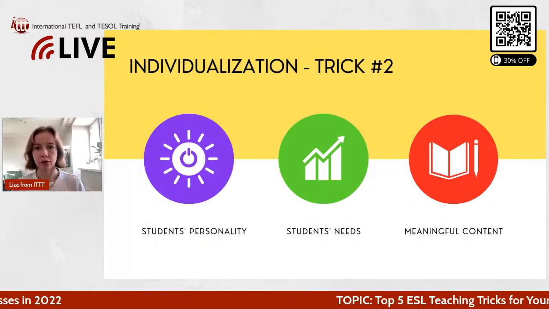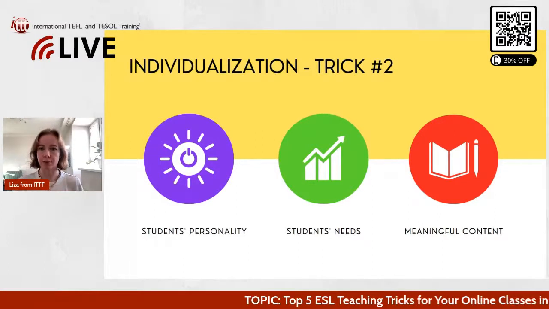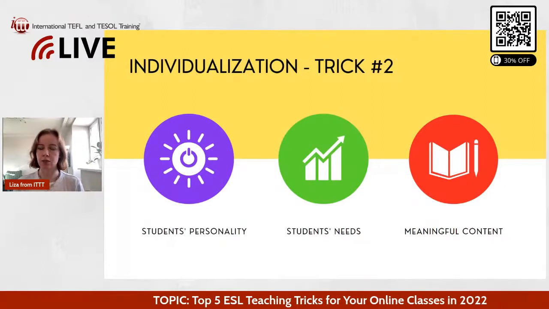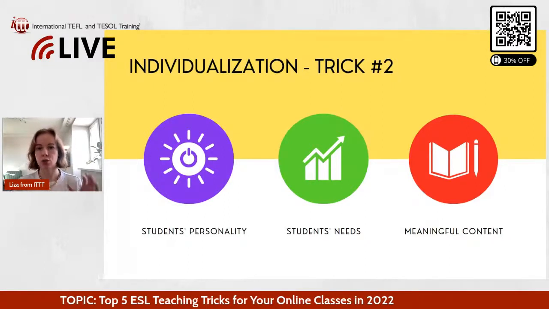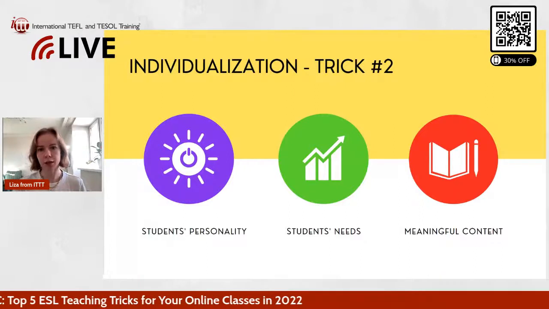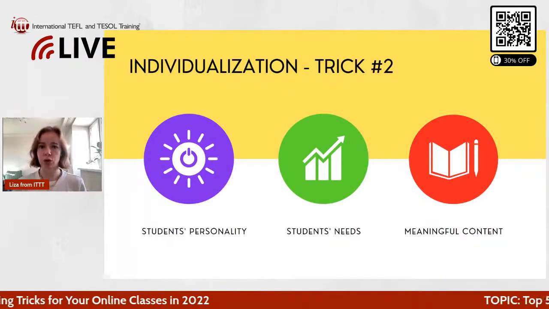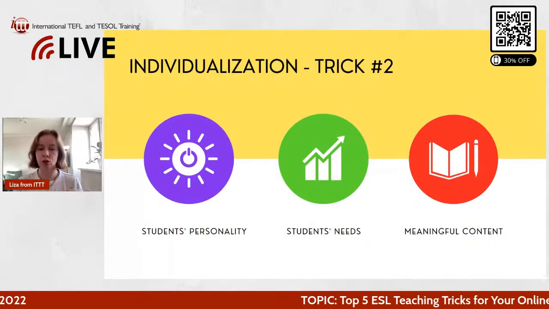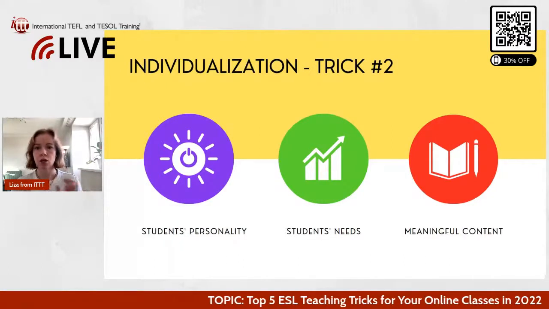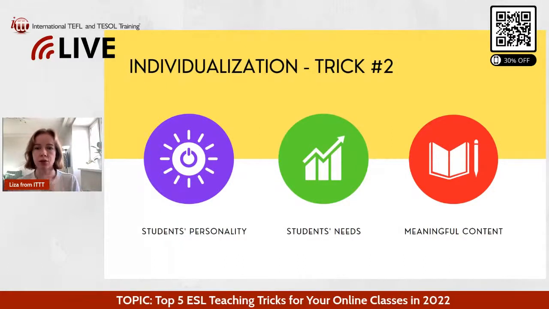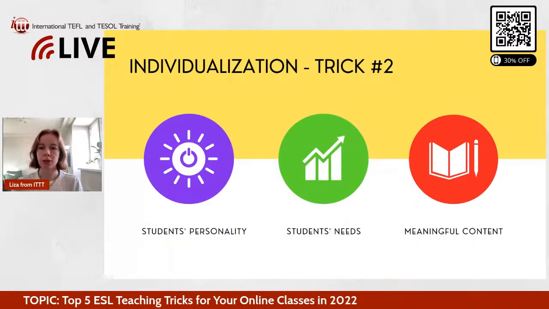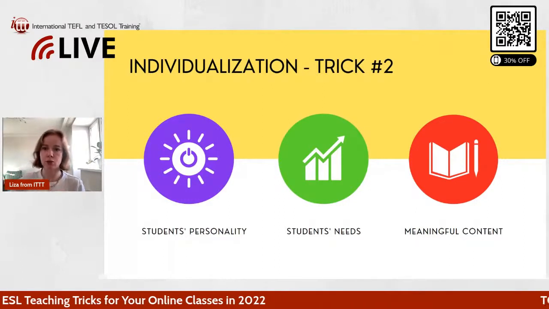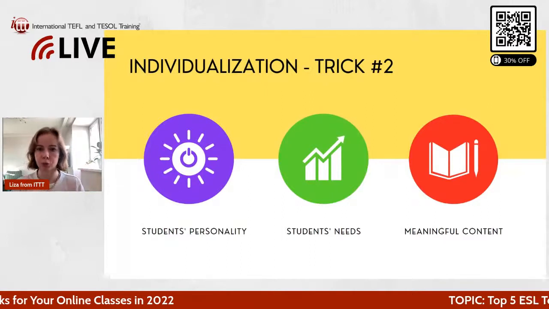Even if you work with groups, you still want to craft your lessons and your course to some specific needs. What you have to count is your students' personality, students' needs, and you also have to include meaningful content based on these first two points.